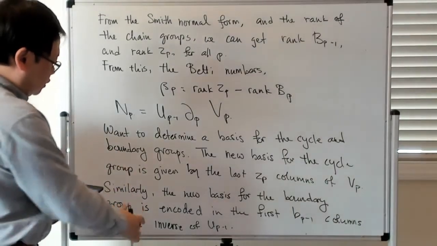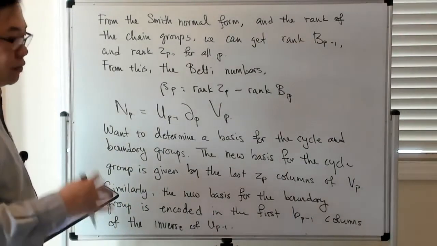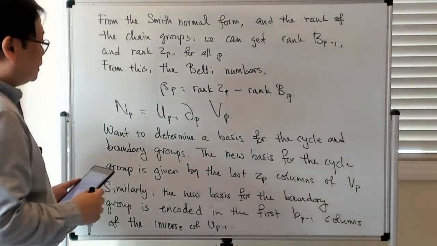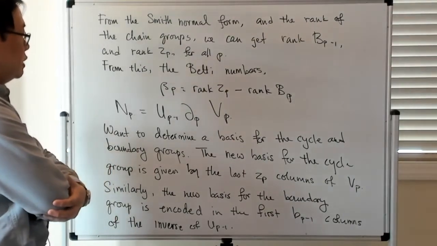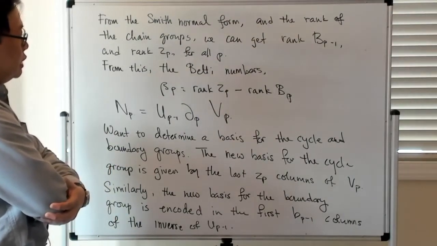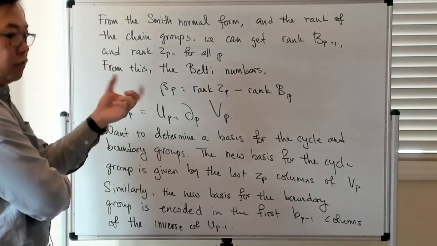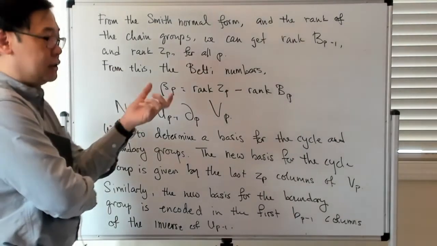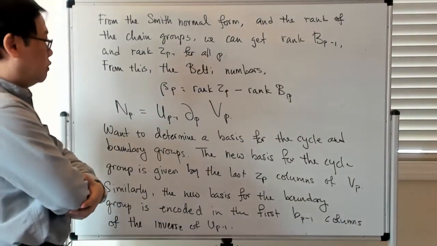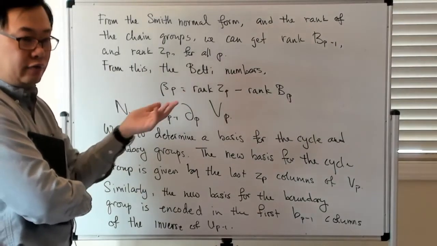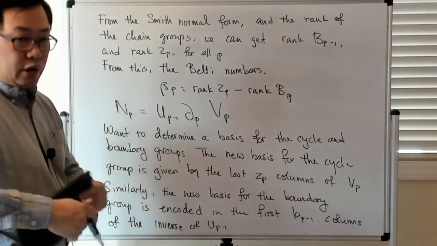I should say that you might think, oh, we have to compute the inverse of UP minus 1. That would be nasty. As it turns out, it's not so bad, right? Because if you recall, if you do row or column exchanges, and you add columns to other columns or rows to other rows, then the inverses can also be expressed in terms of these kinds of elementary row and column operations.